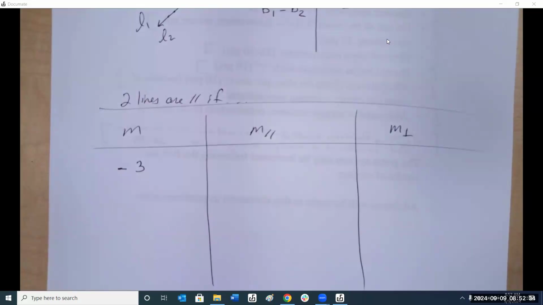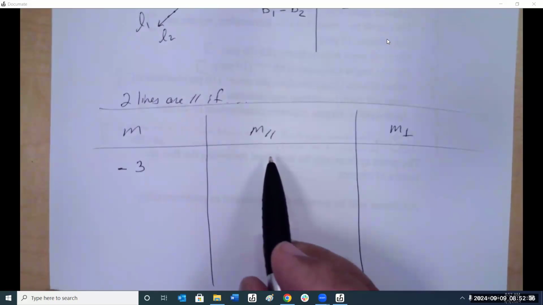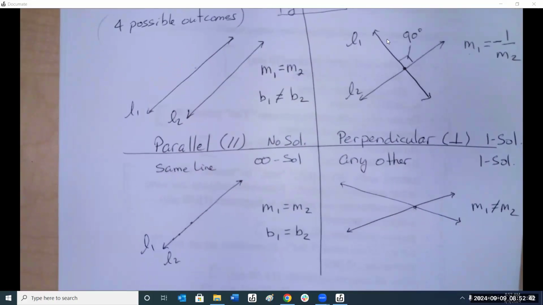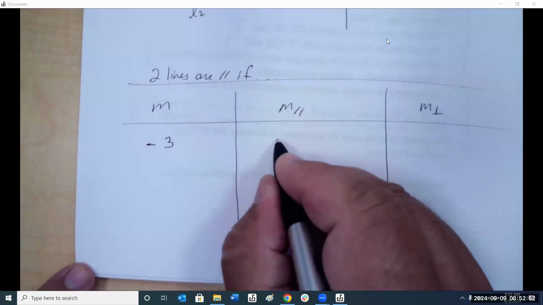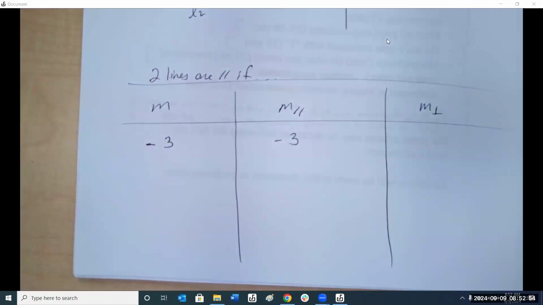What's the slope parallel? Look what I just put here. If it's parallel, what are the slopes? Yeah, if it's parallel, the slopes are equal. So the slope parallel is also -3.